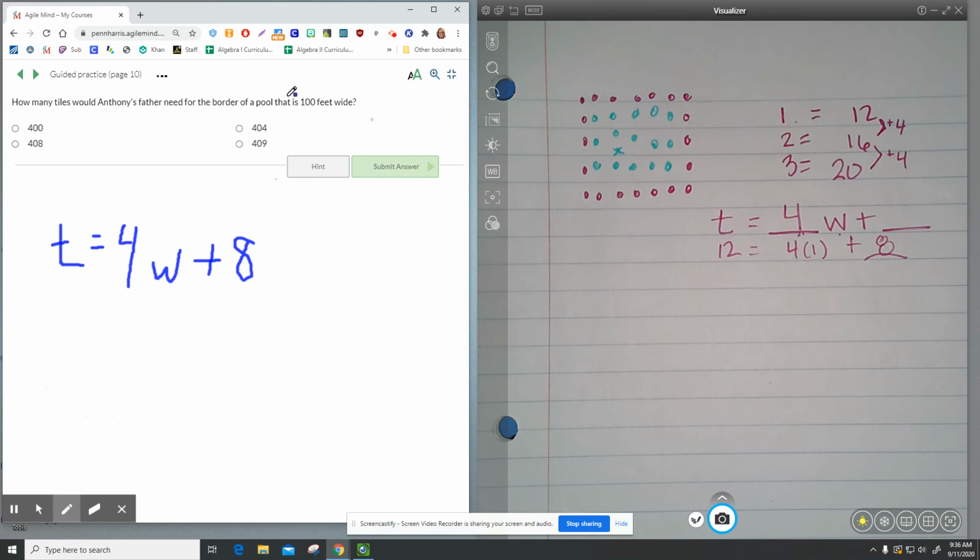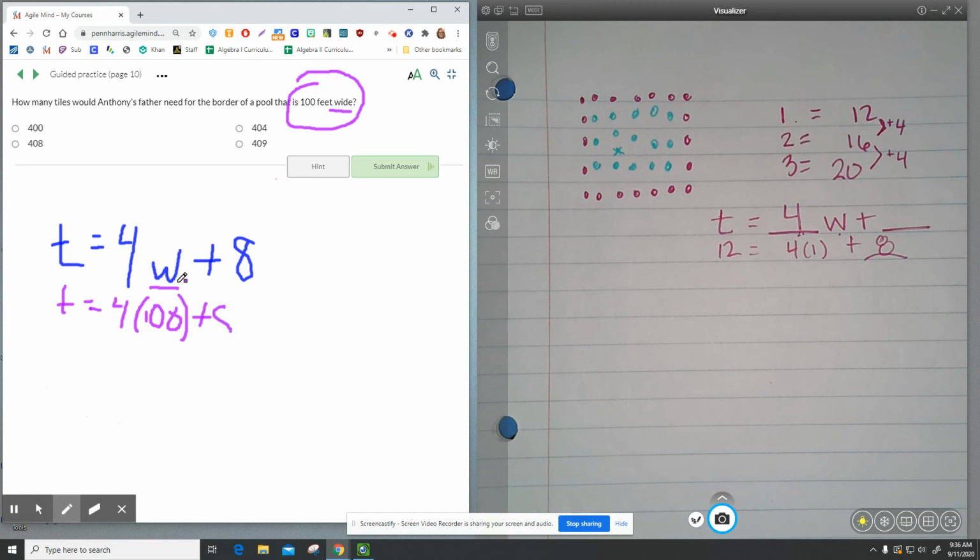Okay, so now they want to know, what's it going to be if it's 100 feet wide? Well, key being wide. So what we're going to do is I'm going to plug that 100 into my W here. So when I do that, I get T equals 4 times my 100 plus 8.